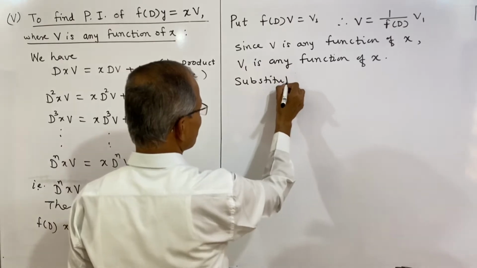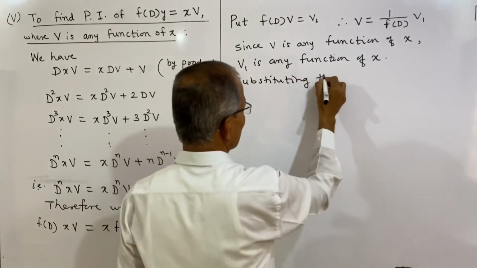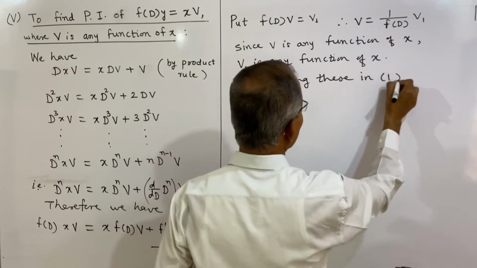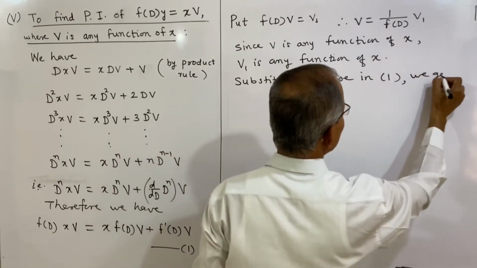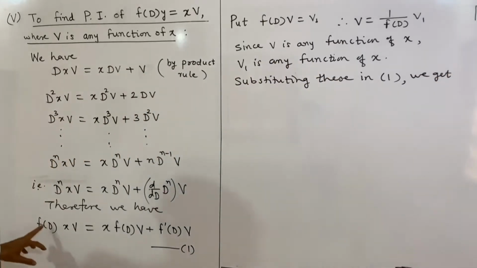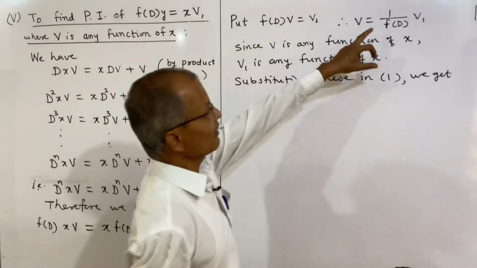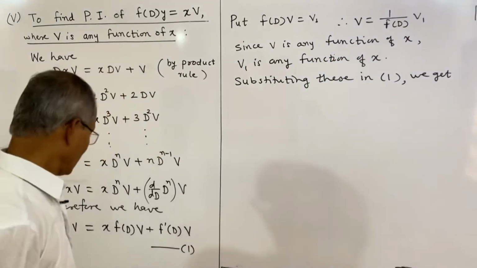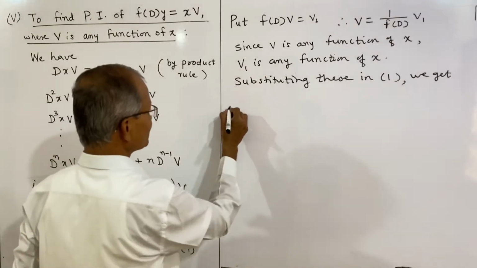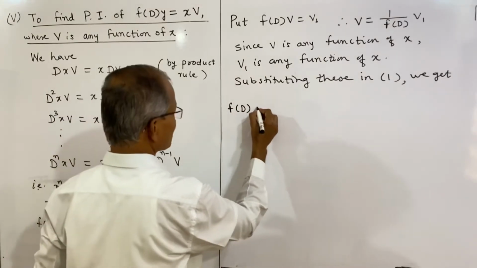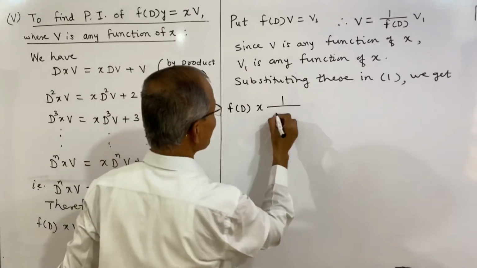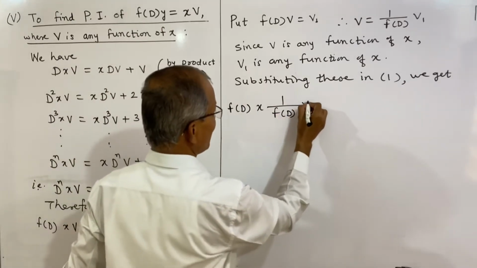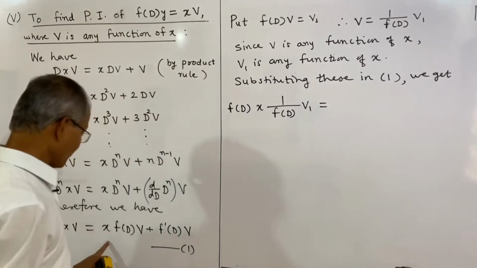Substituting these two relations in 1, we get, now see, this is f of d x into v. The value of v is 1 by f of d into v1. So that will be f of d x into v, where v is 1 upon f of d into v1, is equal to x into v1.